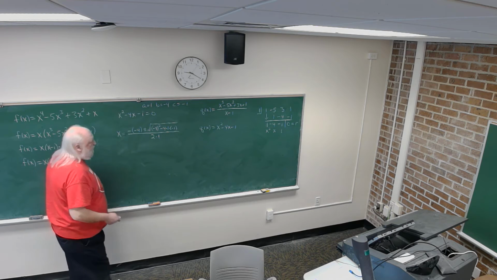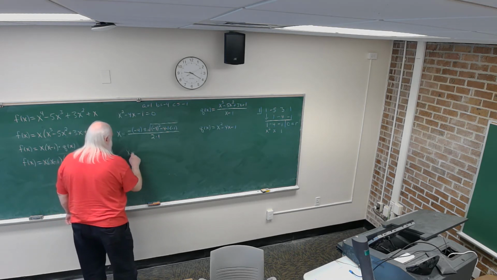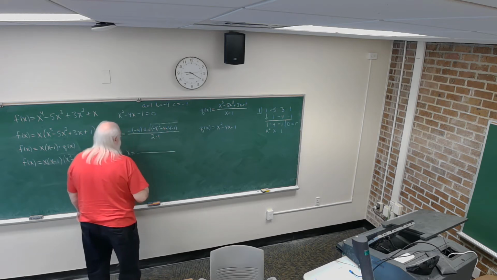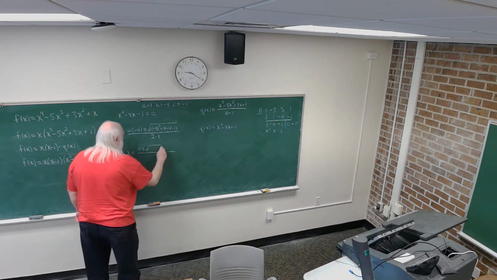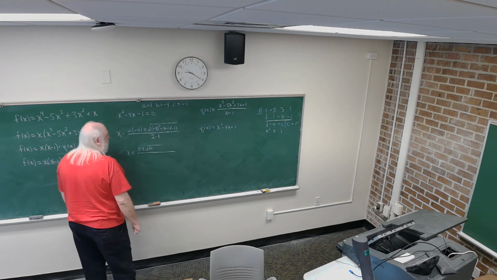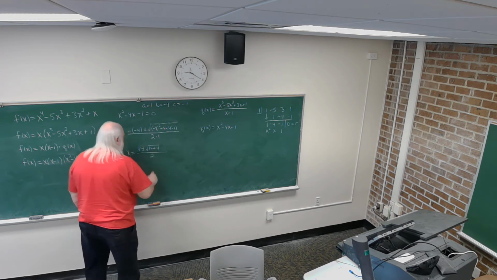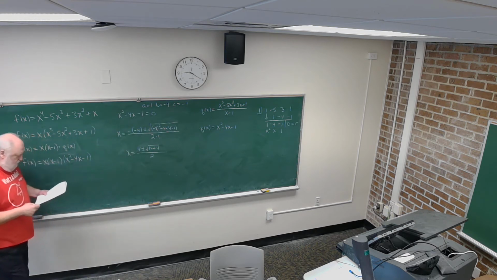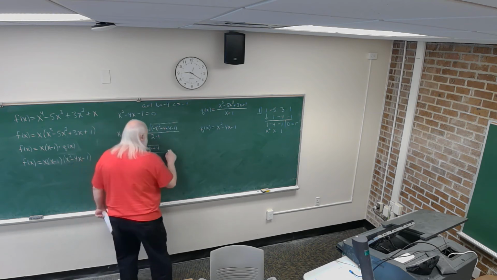And now you've got to simplify. Negative 4 is plus 4. Minus 4 squared is 16. And minus 4 times 1 times minus 4 is plus 4, all divided by 2. 16 and 4 is 20.